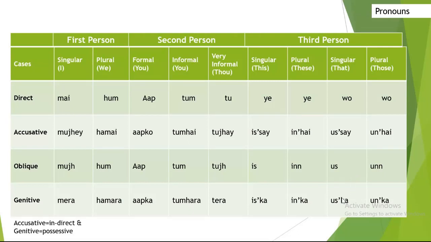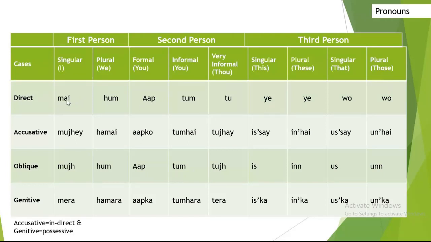Then somebody who's away, ये उसका कलम है. And plural, ये उनका कलम है. Okay, so these were the four cases and the three persons and their variations for the pronouns.